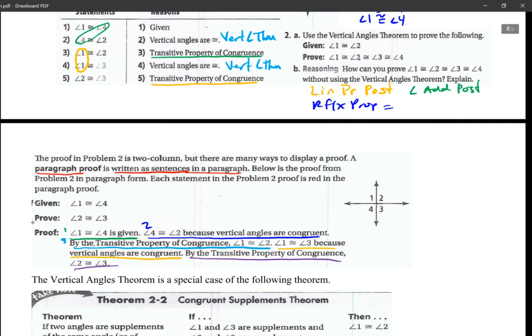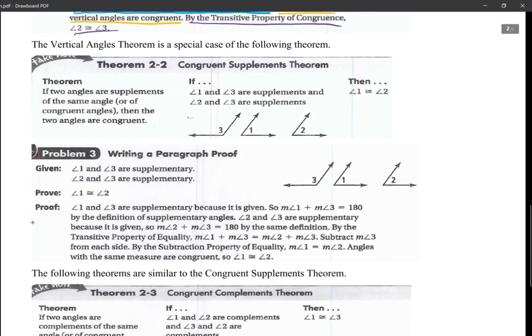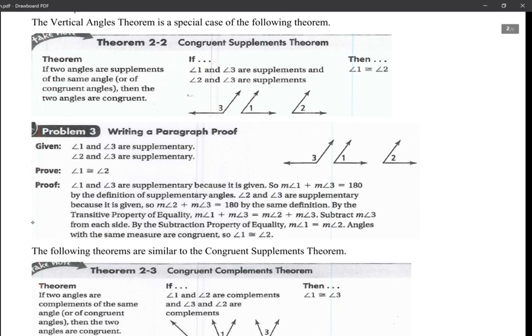It's just written as a paragraph. And again, if you really like it, you can use it, but I'm going to recommend you stick to 2-column proofs because until you get really good at these, you need to be able to see what you're doing.